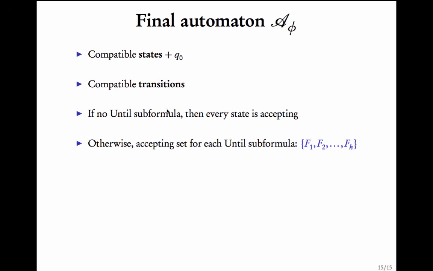If no until subformula, every state is accepting. Otherwise, there are some until subformulae. For each until subformula, define an accepting set. So this will be a generalized NBA. A run would be accepting if some state in each of these F's is visited infinitely often. And if that is the case, for every until formula, the eventuality criterion would be satisfied.